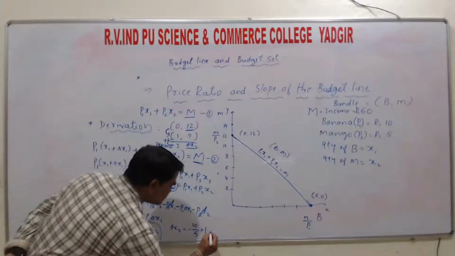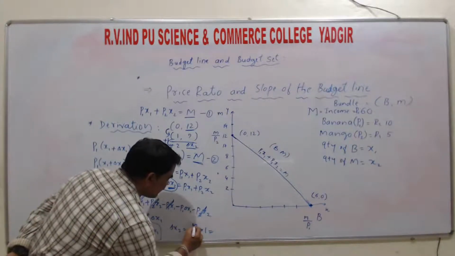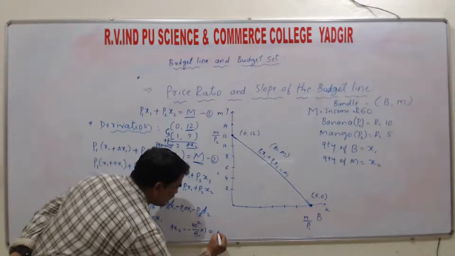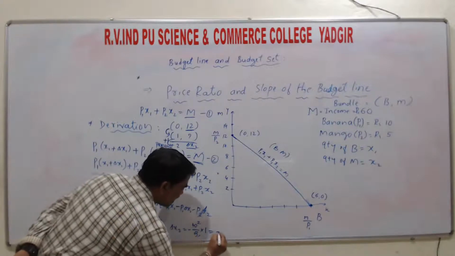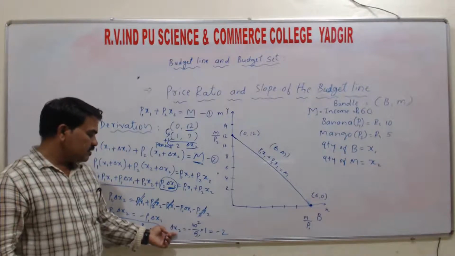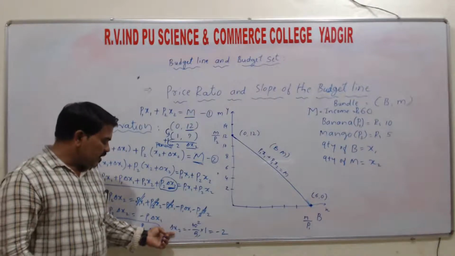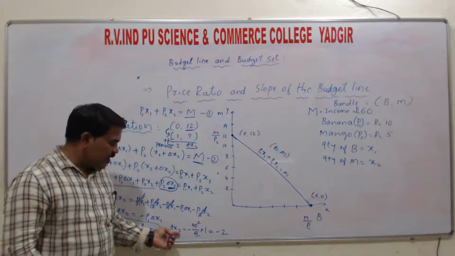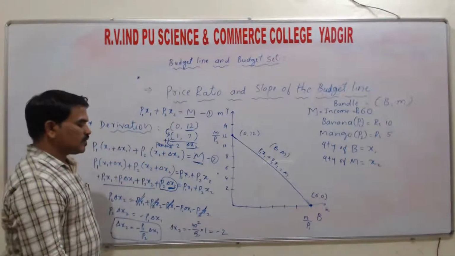Now 5 into 1 is 5, 5 into 2 is 10, so minus 2. So what is the quantity he has to reduce of mango? The change in the quantity of mango is minus 2. Correct?